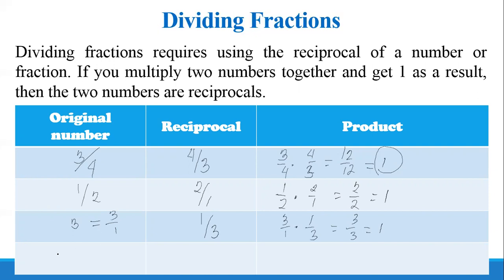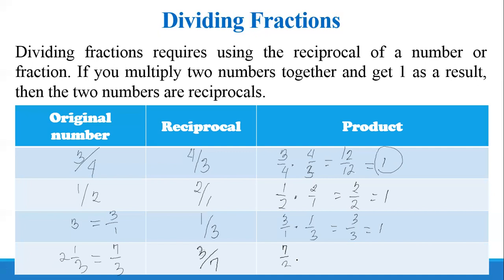What if we are given a mixed number? What do we do with a mixed number? We convert it into an improper fraction. This is now equal to 7/3. We multiply the denominator by the whole number and then add the product to the numerator, so 7. The reciprocal is 3/7.